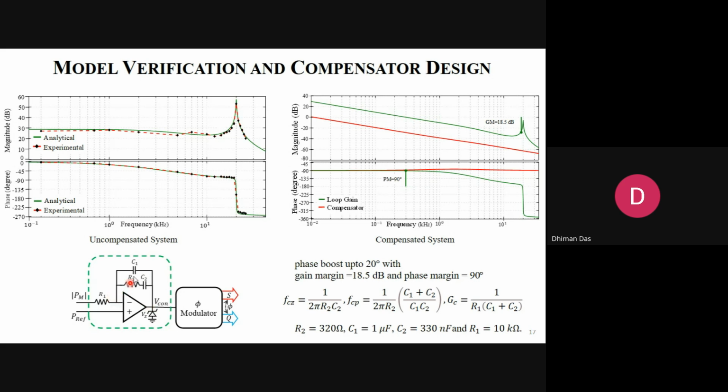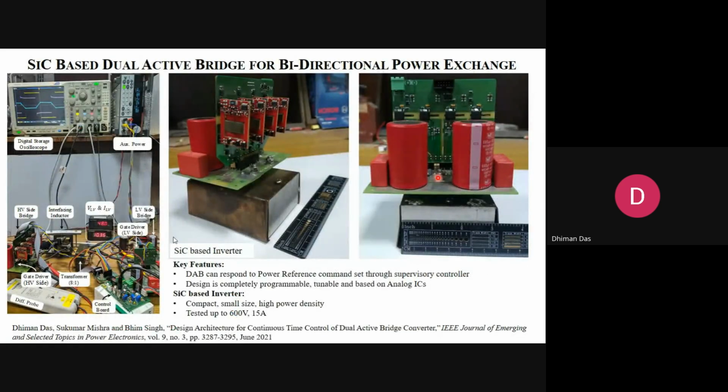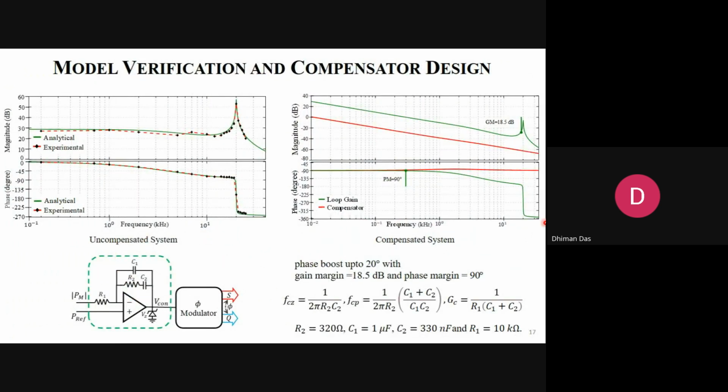When you plug these values into this error amplifier or the compensator, this is the Bode plot of the compensated system. Here you can see how much phase margin and gain margin you get, from the 0 dB line how much gain margin you have, and from the 180-degree line how much phase margin you get. These are the basic theory of compensator design.